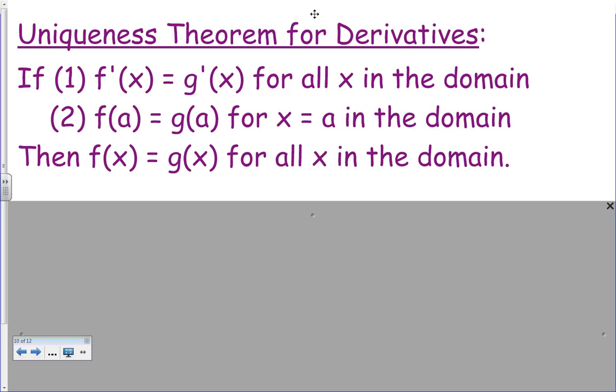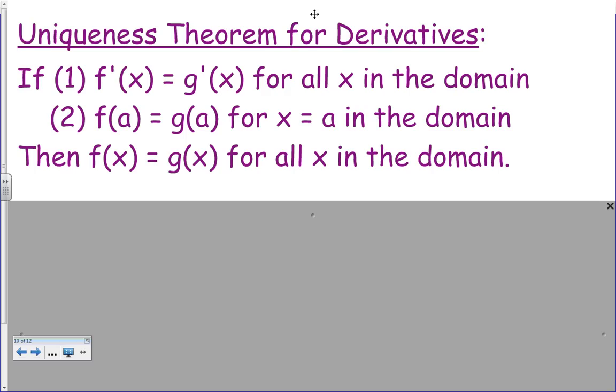If you have two functions that have the same derivative, that means they have the same slope everywhere. If they have the same slope everywhere, that means that they are increasing and decreasing in the same spots. But not only that, they're increasing at the same amount and decreasing at the same amount, or the same rate, at every single point. So the two functions would have the exact same shape.